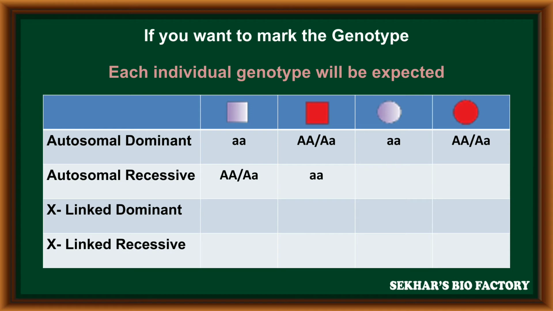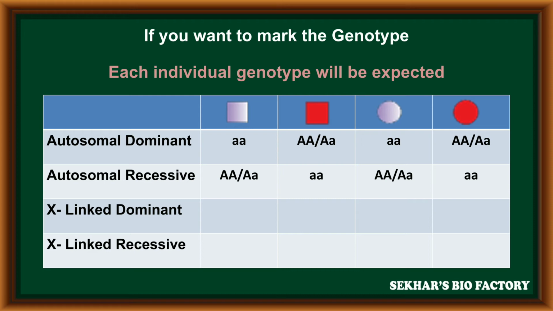The recessive allele is always expressed in homozygous condition in the form of small a small a. An unaffected female has the dominant allele in the form of capital A capital A or capital A small a, but an affected female should have the recessive allele in homozygous condition like small a small a. So here A indicates autosomes.